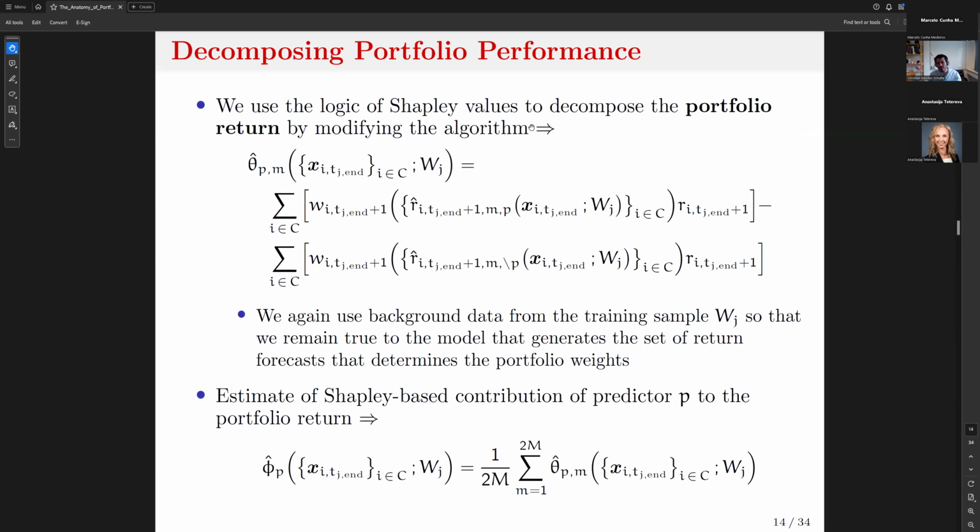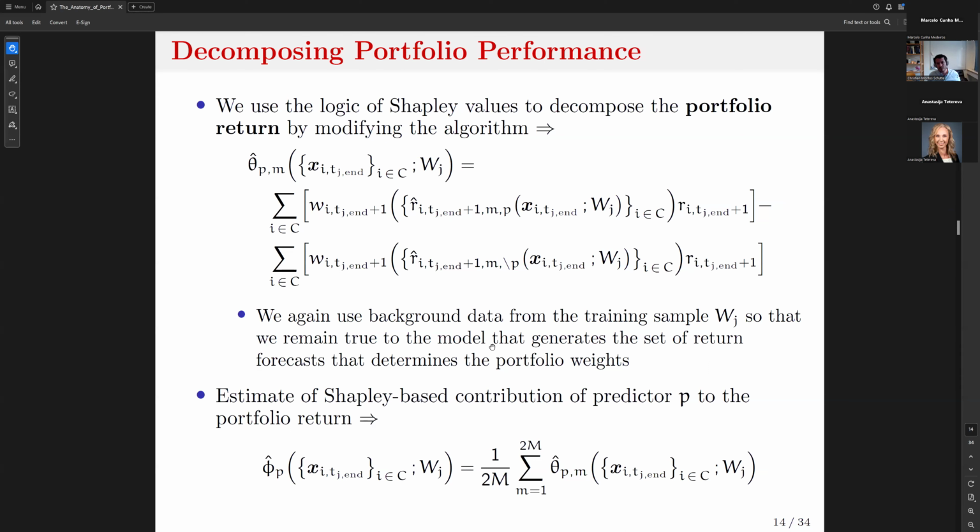Then we use the logic of Shapley values to decompose the portfolio return by modifying the algorithm. You're essentially wrapping the computation of the Shapley value around the portfolio return, but in a way that you retain all of the properties of the Shapley value. Shapley values are consistent estimators of the marginal contribution of the predictors, and you still keep local accuracy.